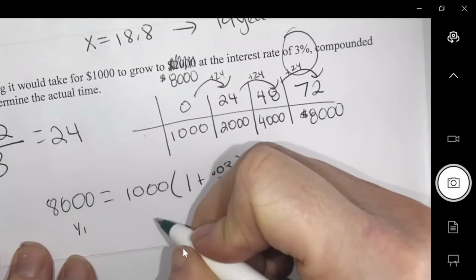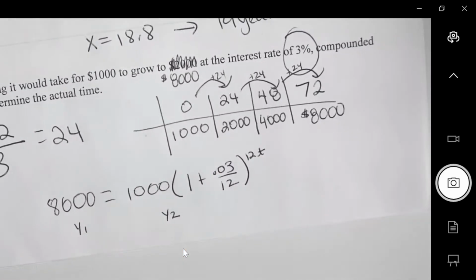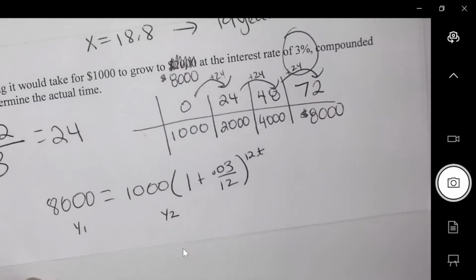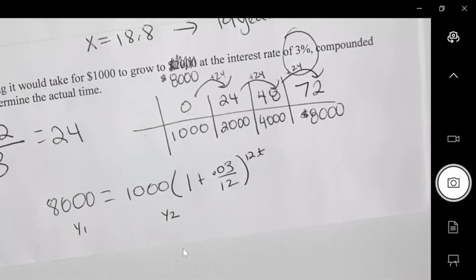Okay. I will do, because I like this method, but you can pick your finance app as well. I'm going to probably try it on both. Y1, Y2. Okay, do not forget you have to have that 12x in a bracket in your calculator.